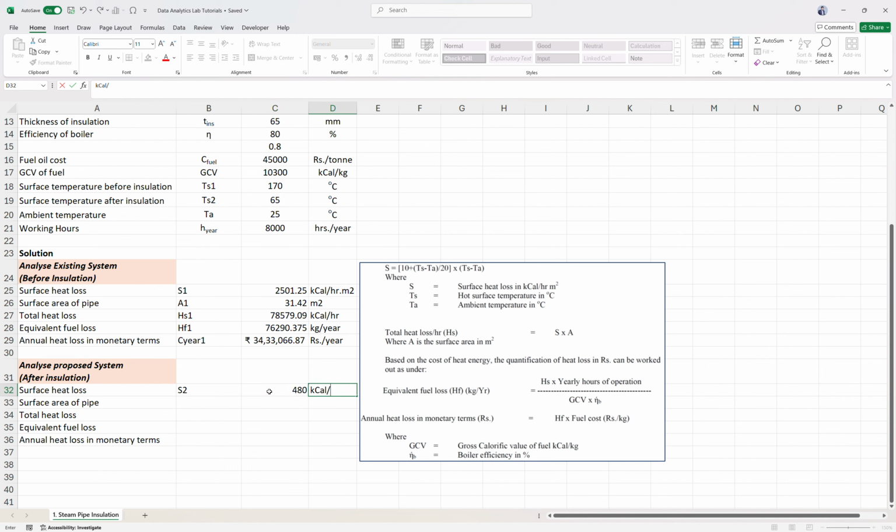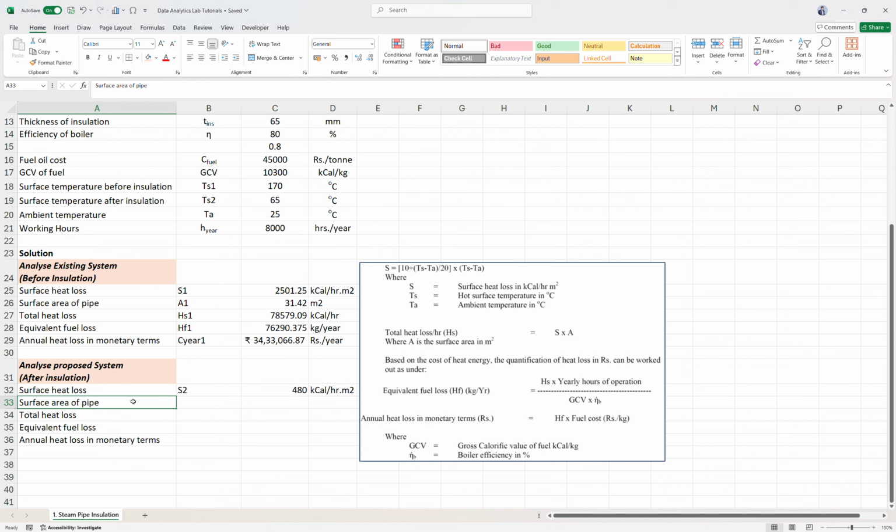Again the unit will be kilocalorie per hour per meter square. It is immediately visible here that the value of S2 is 480 while the value of S1 is 2500, which means because of insulation there is a drastic reduction in the heat loss.